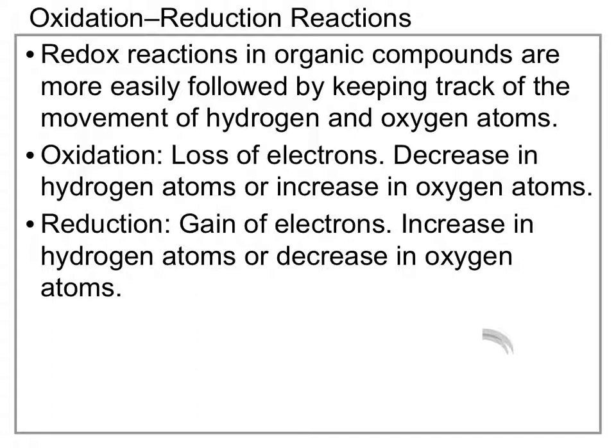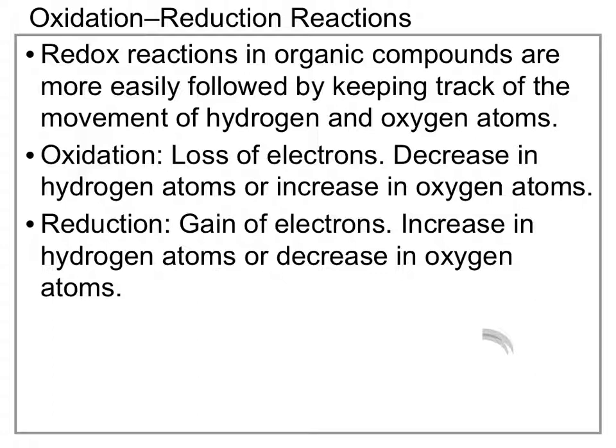We can look for a couple of different things when trying to determine if a redox reaction took place, or to try to determine what has been oxidized or what has been reduced. In an oxidation, as in the examples we just looked at, we can look for a loss of electrons.